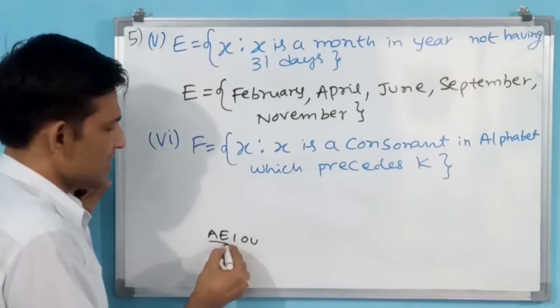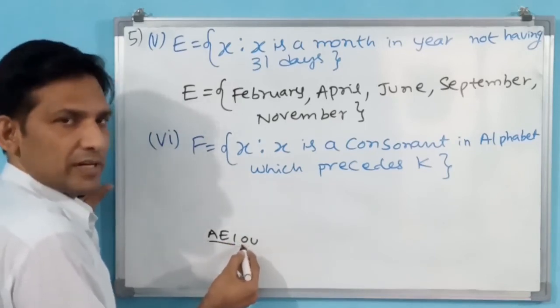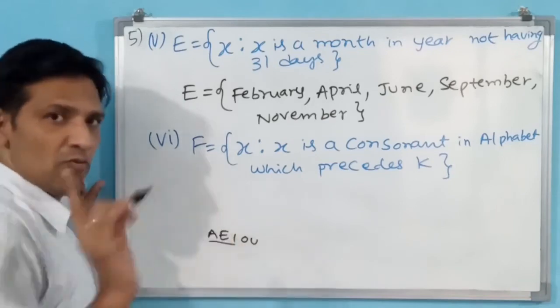See, A, E, I. Before O also will not come. That means A, E, I you have to omit.